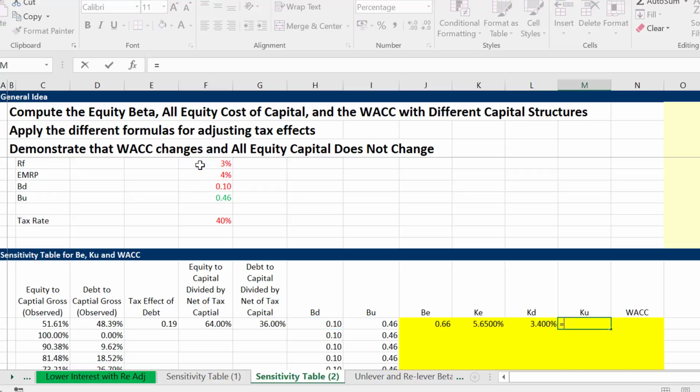And then the overall cost of capital is the cost of equity times the equity to capital plus the debt cost times the debt capital. That's all net. Now our WACC is a little different. Our WACC, we take the cost of debt times 1 minus the tax rate.